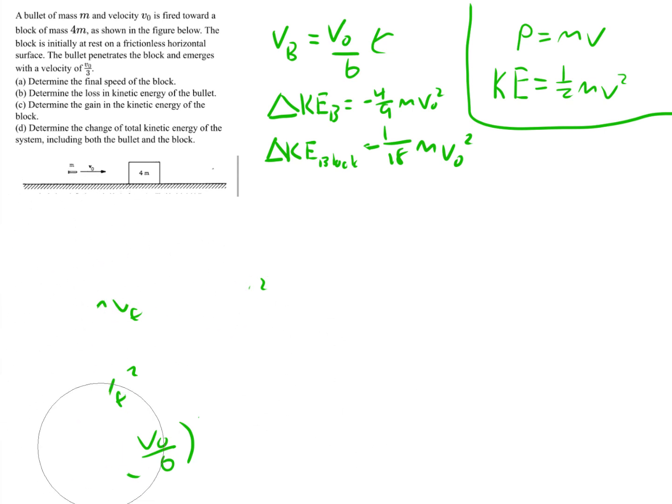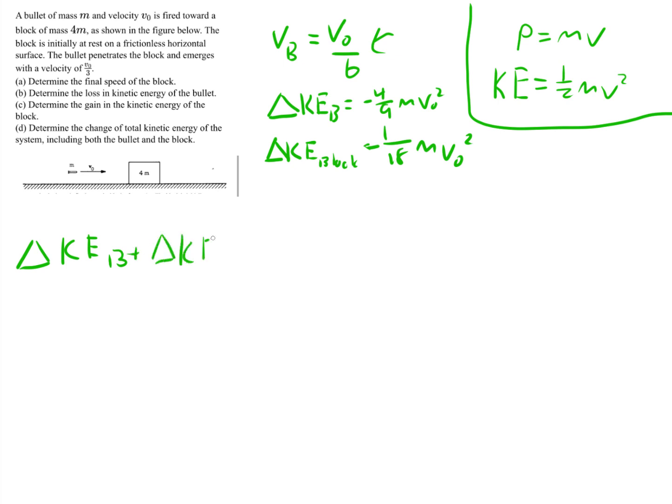Now we still have one more part which asks about the total change of kinetic energy of the system, both the bullet and the block. So this is simply the change in kinetic energies of both just added together. This is the total change in kinetic energy of the system. And now we just substitute our values in.